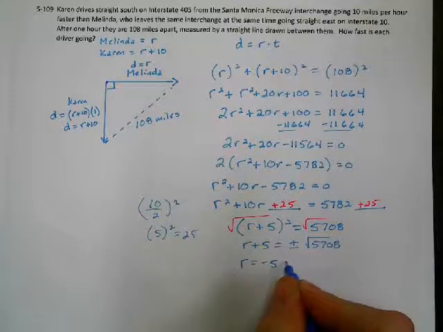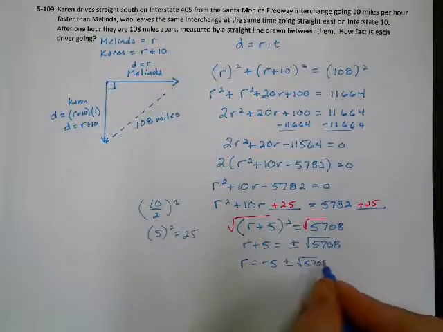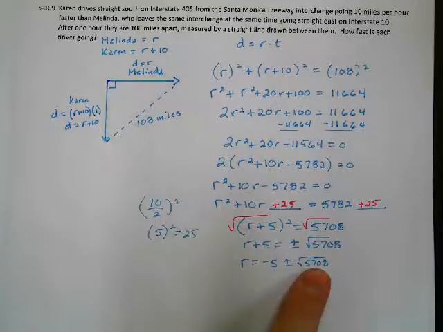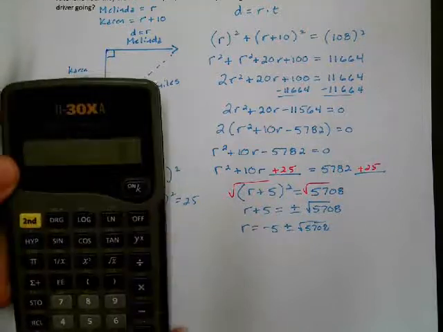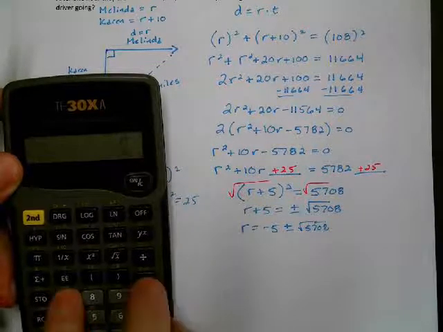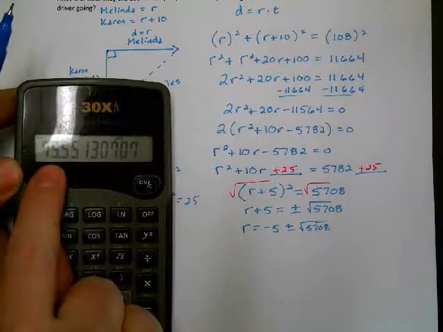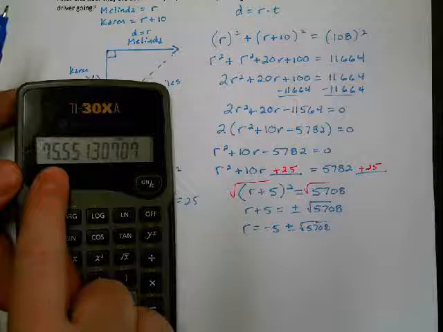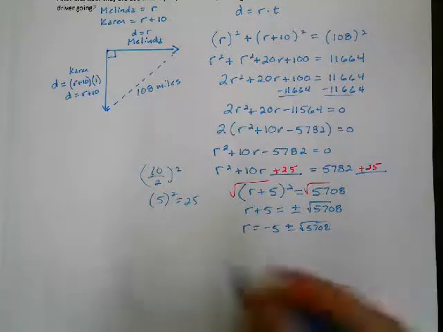Okay, so let's just approximate 5708 on our calculators. If I take 5708 and take the square root of it, it comes out to about 75.6, let's call it. So I'm going to say that r is equal to negative 5 plus or minus 75.6.